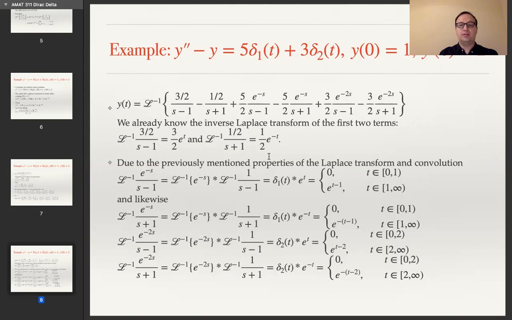So this is just the inverse Laplace transform of 1 over s minus a, which is an exponential. So this is the Laplace transform of exponentials. What about the other terms? So here again, we have to use the Dirac delta function.